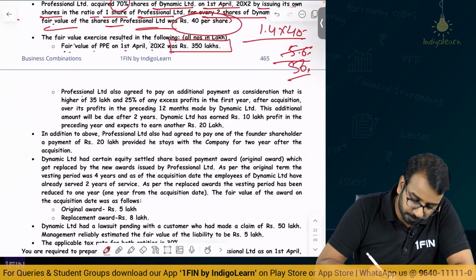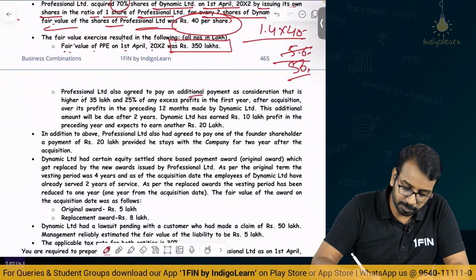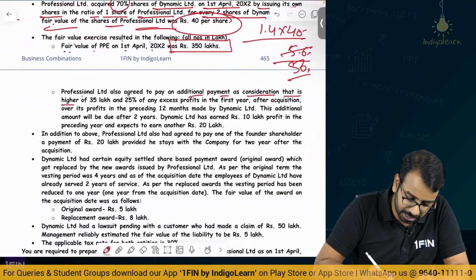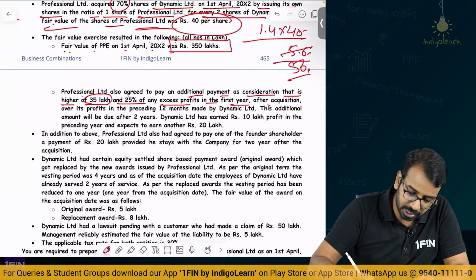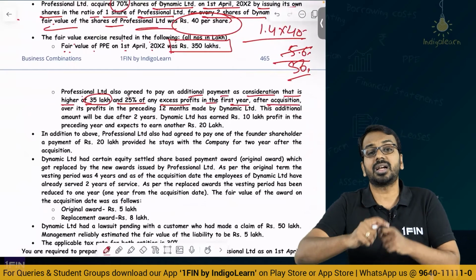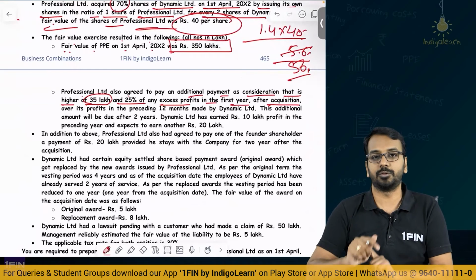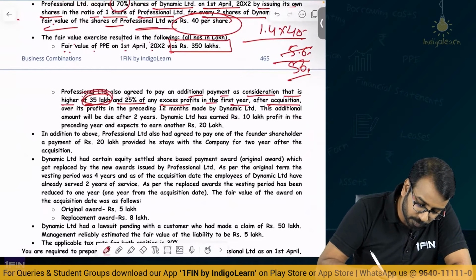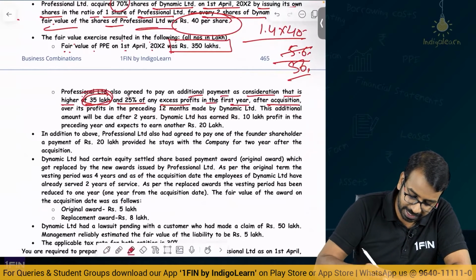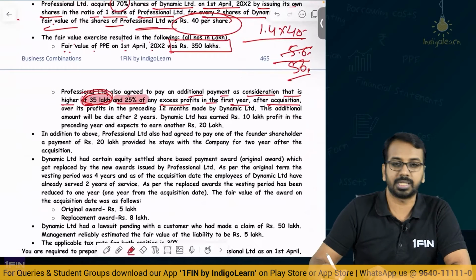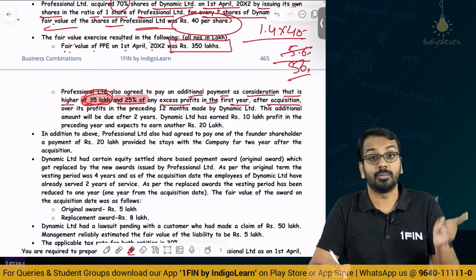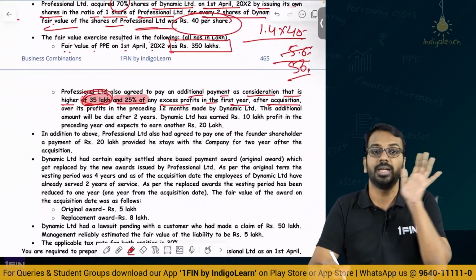Then Professional Limited also agreed to pay an additional payment as consideration, that is higher of 35 lakhs and 25% of any excess profits in the first year after acquisition. Now what is this? This is a contingent consideration which you will pay in the future. Now here minimum I have to pay 35 lakhs. See, though they are saying higher of 35 and 25%, I don't know the 25% number, but I know 35 lakhs. Minimum I have to pay 35 lakhs.